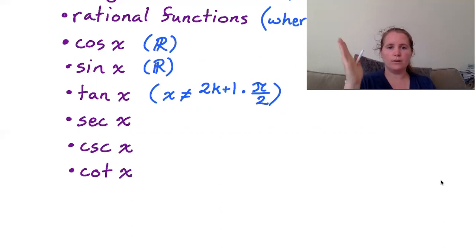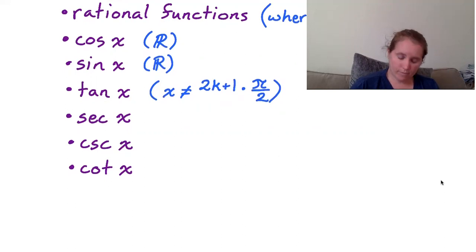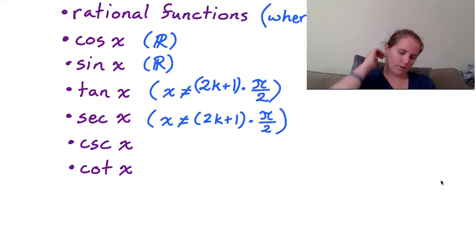Right? Cosine is 0 when we're at the top of the unit circle or at the bottom. Secant x, again, you can't have x be an odd multiple of pi over 2. Right? Cosine on the bottom.